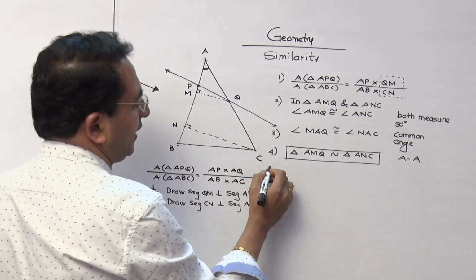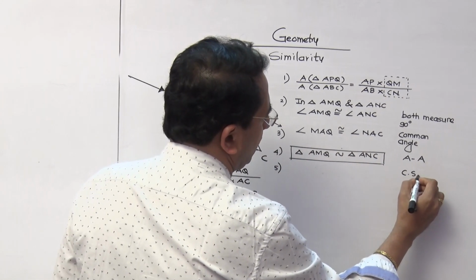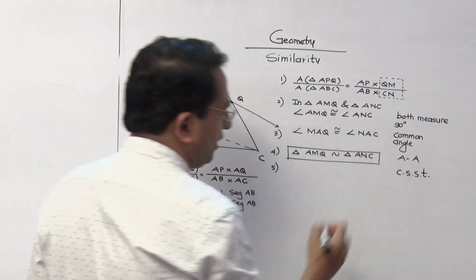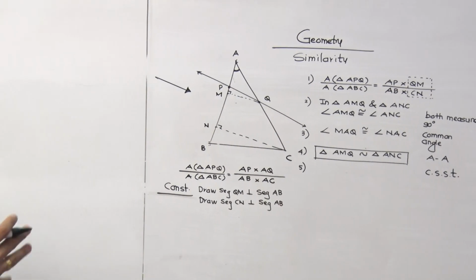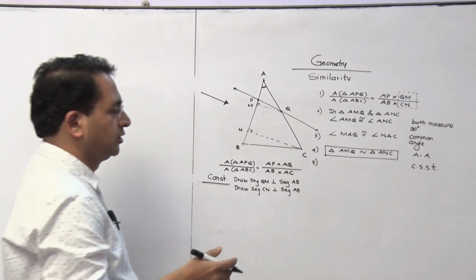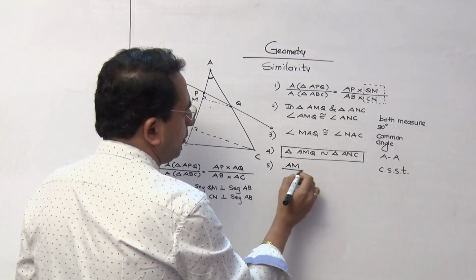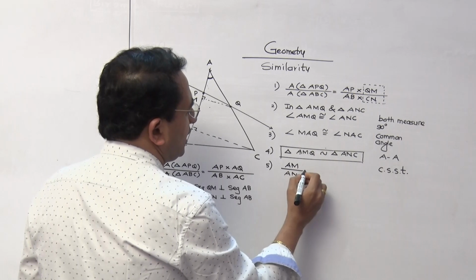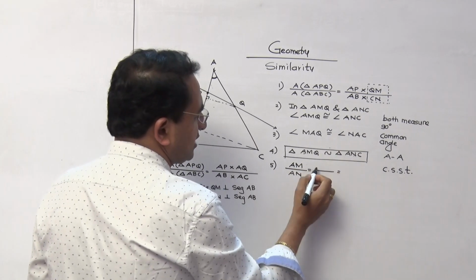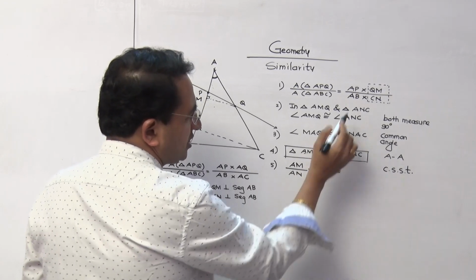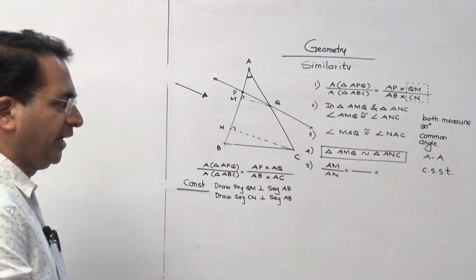Now statement number 5. If the triangles are similar, then we can definitely make use of this statement. CSST, the meaning is corresponding sides of similar triangles. So I am writing here AM upon AN, that is equal to, now MQ upon NC is advisable to write, but see what you have written here, and that freedom you can definitely take.